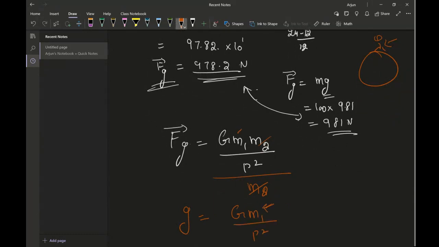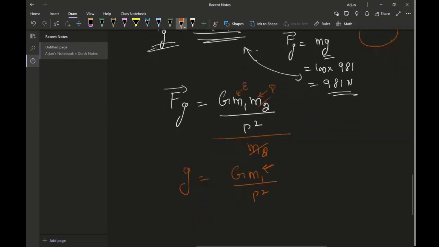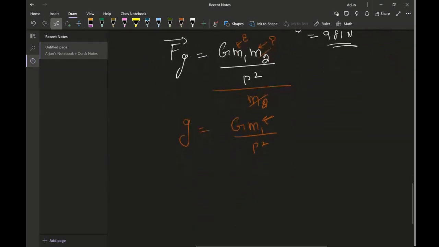This m1 is for Earth, and m2 was for the person standing on the Earth. So for example, if you wanted to find out your own gravitational pull, you can put G times your body mass divided by r squared. R squared will be the distance at which you wanted to measure the gravitational field. So if you wanted to measure it at a distance of 2 meters, you can put the r value as 2 meters.